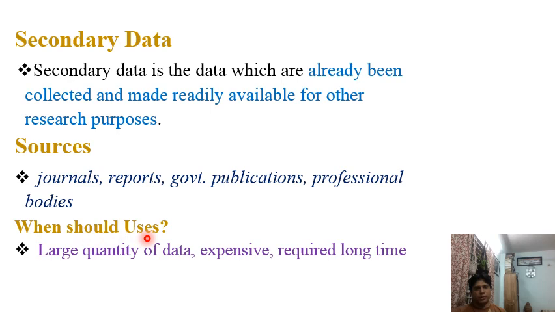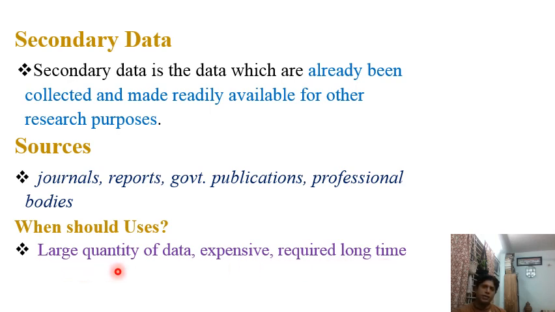And when should we use it? So when will we use secondary data? There are three situations: when the volume of data is large, and when the data collection method is very expensive and requires a long time.